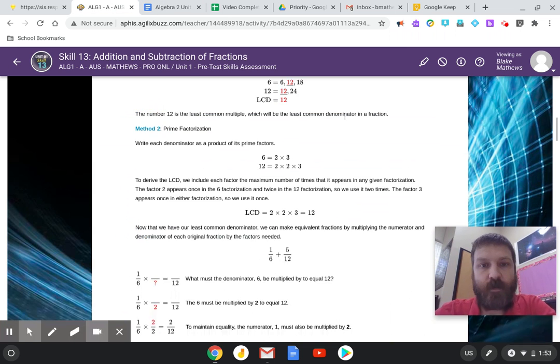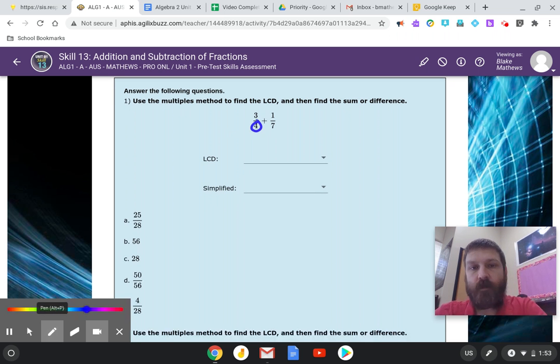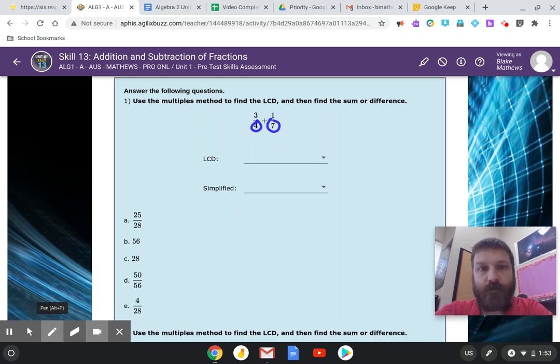That is pretty much every problem in this lesson. You need to start by finding the least common multiple or least common denominator of 4 and 7, then convert each fraction into whatever that denominator is, and then add the numerators together to find the final answer.